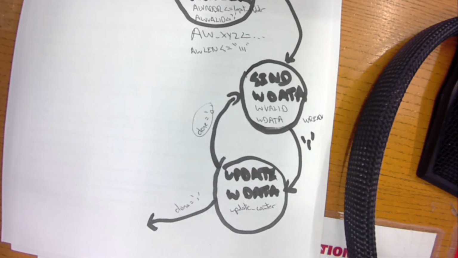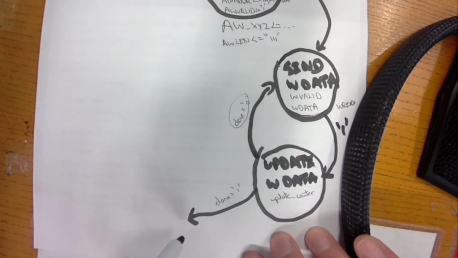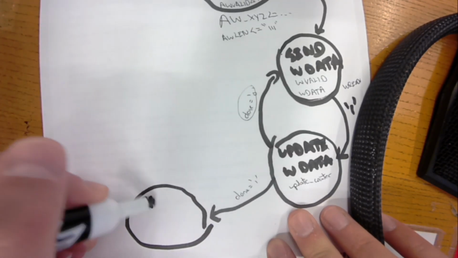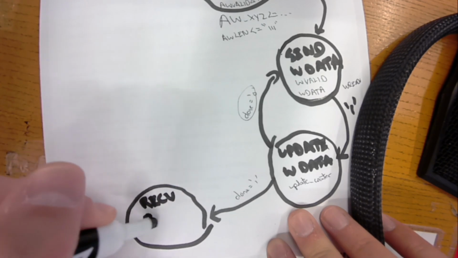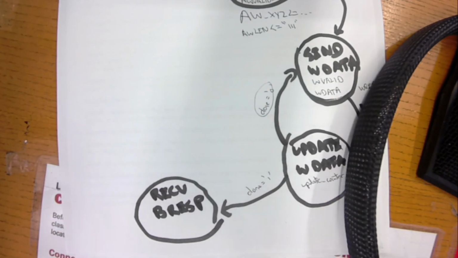So update W data. We have then sent all of our W data. We've sent all 8 bursts. We then are going to have a final set of states, we can call it the receive B response. And here, I do call it receive because the roles are kind of reversed at this point, right?